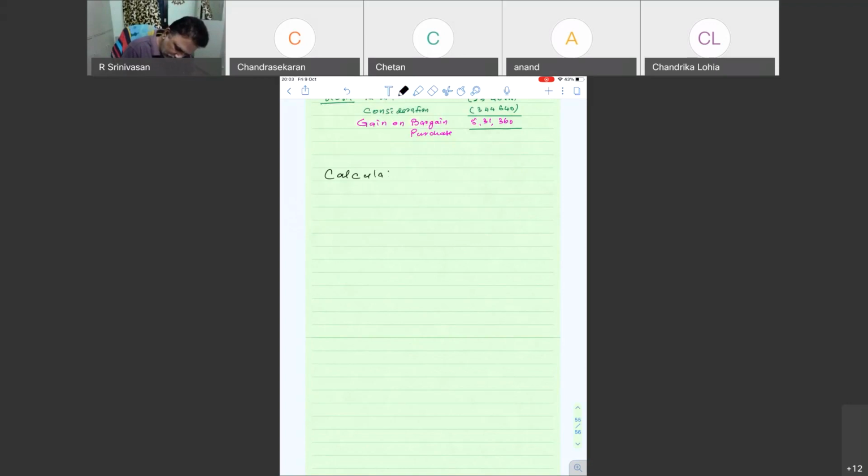Calculation of number of shares in case of cross holding.